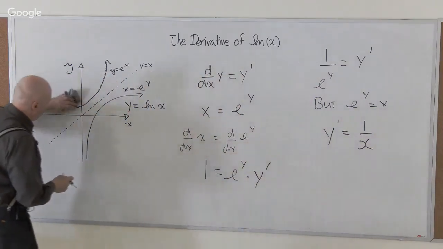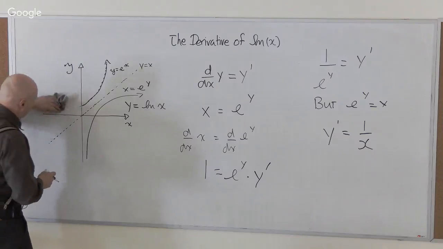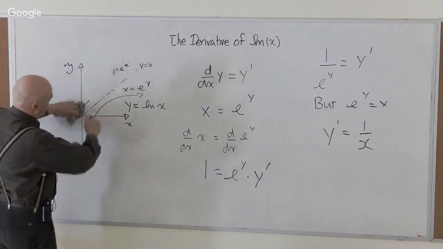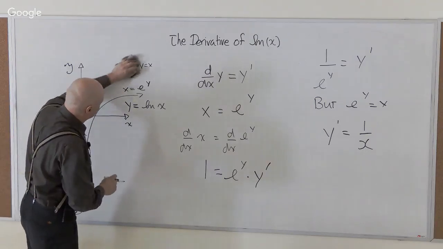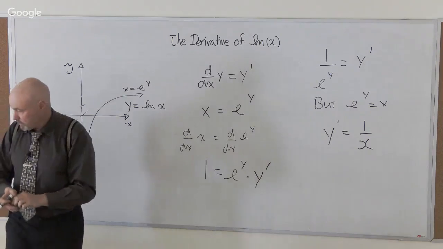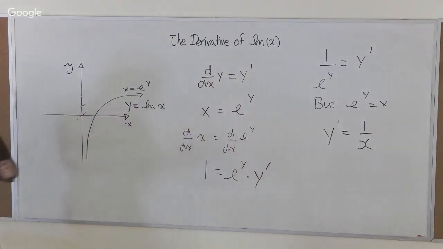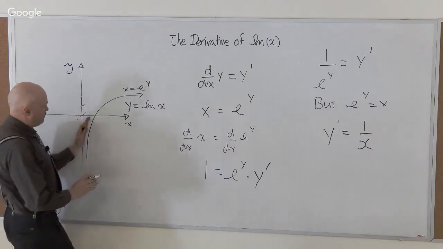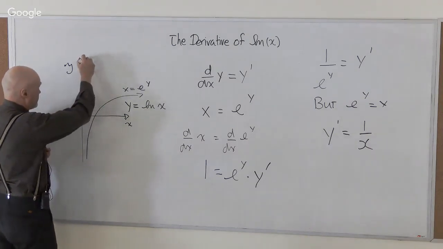And if you look at this logarithmic function that we made by reflecting it in the y equals x line, and you think about what the derivative might look like, it all starts to make sense because here you can see that the derivative is positive and it's a really large number.